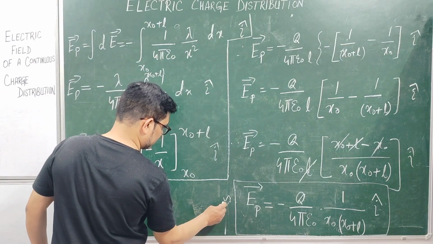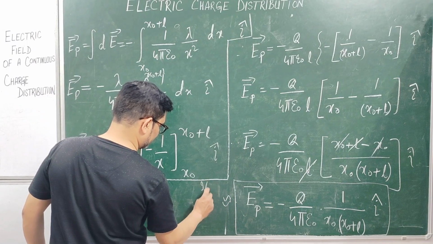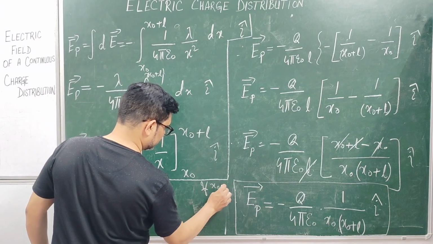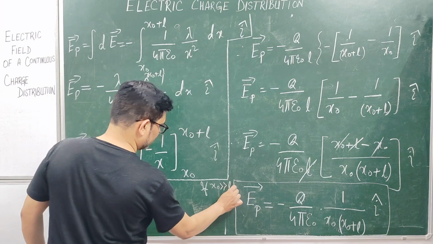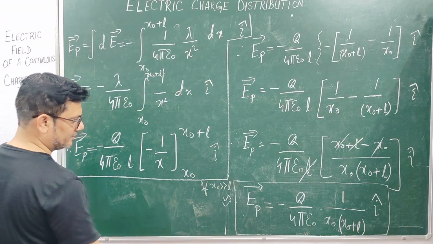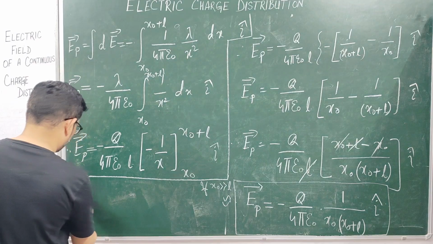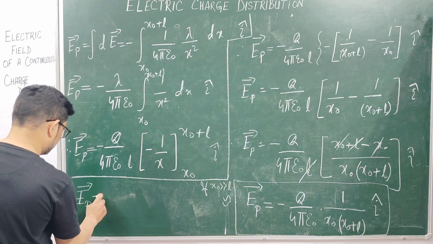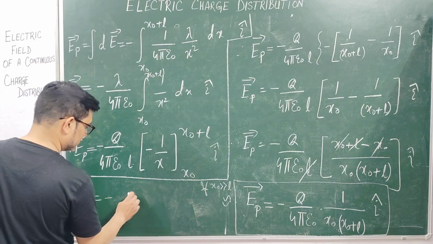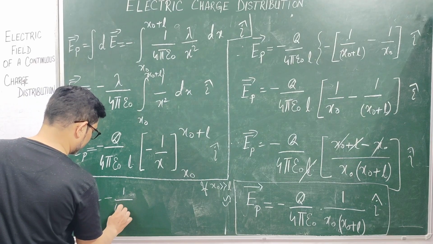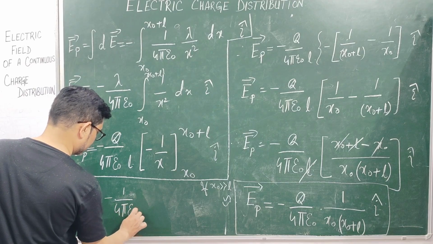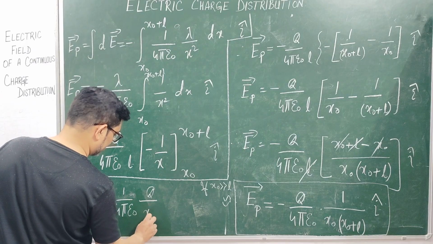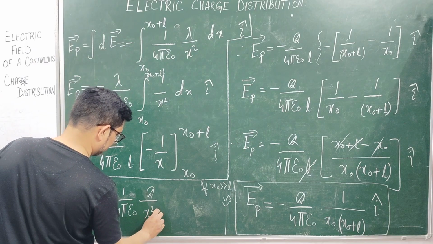We can take this as an approximation if x naught is very much greater than L, right? So in the denominator we can put that to 0, and therefore we'll get EP is equal to minus 1 over 4 pi epsilon naught Q, which is the net charge, and in the denominator it would become x naught squared I cap.